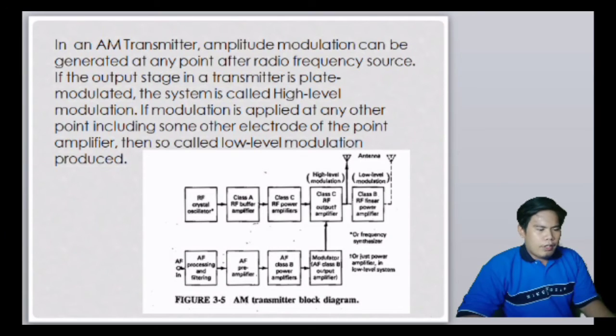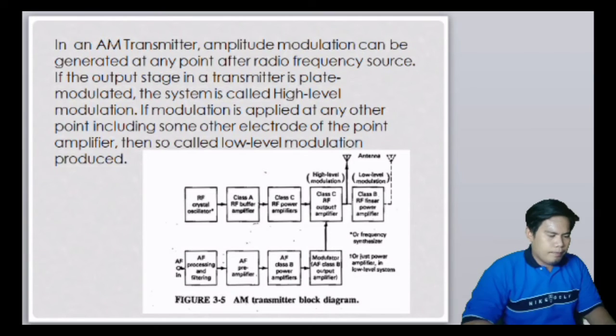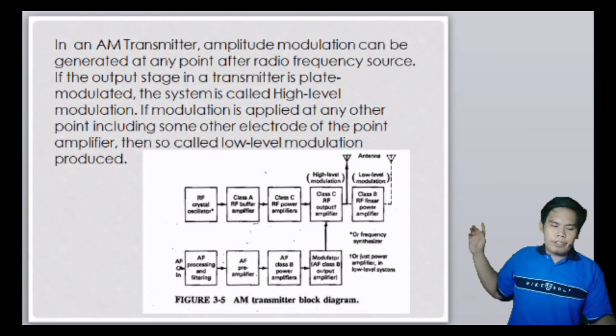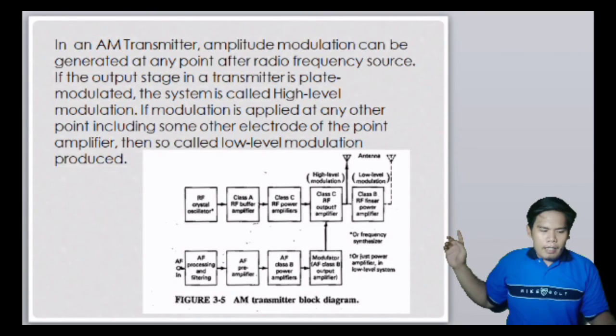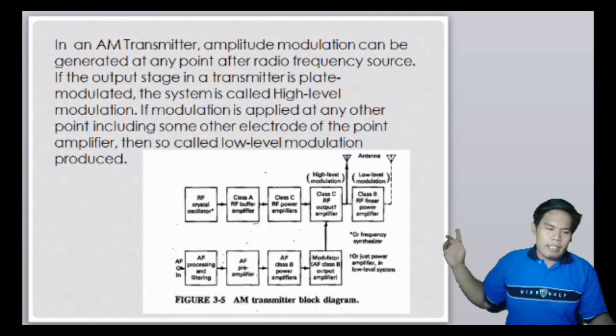If the output stage in the transmitter is plate modulated, the system is called high-level modulation. If modulation is applied at any other point, including some other electrode of the final amplifier, then so-called low-level modulation is produced. Makikita nyo sa figure 3-5 ang AM transmitter block diagram.